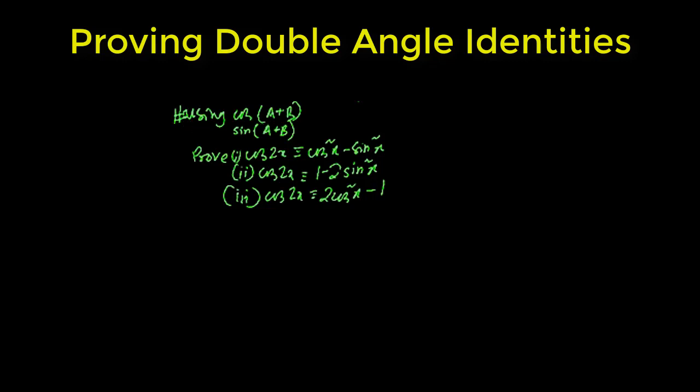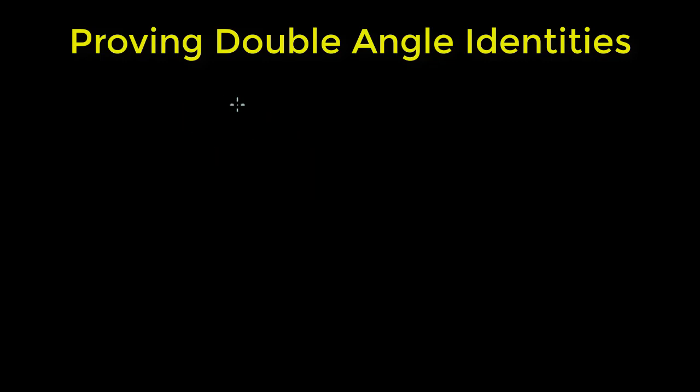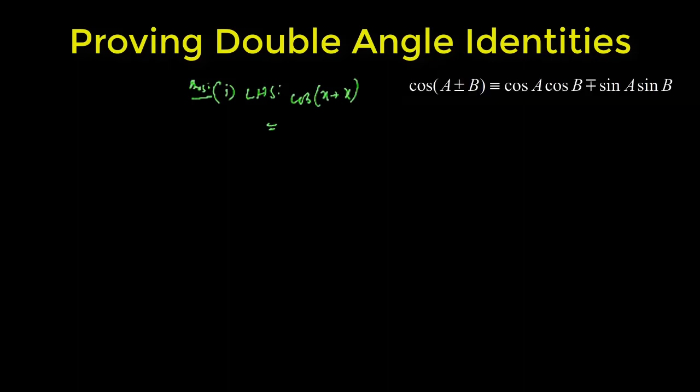Okay, let's scroll down here. Now when we are talking about the first one, cos 2x, we can take left hand side. So cos 2x can be written as x plus x, and it is using the cos a plus b identity that we have seen, which is cos cos minus sine sine.